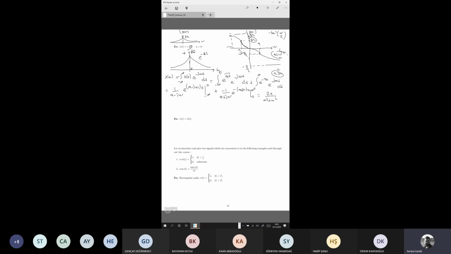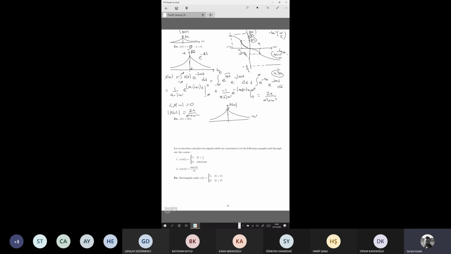So it is a real number. It means that the angle of x of omega is 0, and the norm is simply 2a over a squared plus omega squared. So if you plot x of omega, it is nothing but this signal.